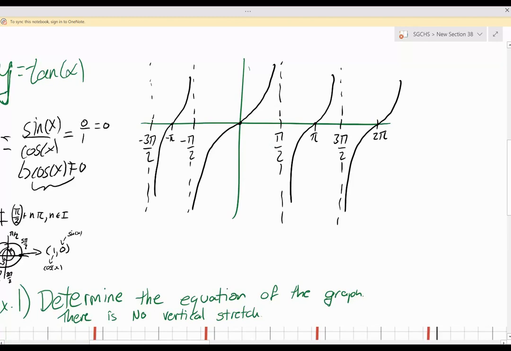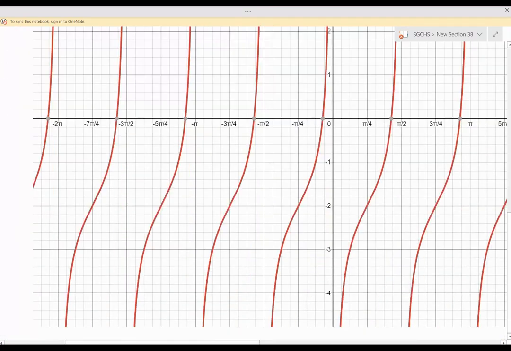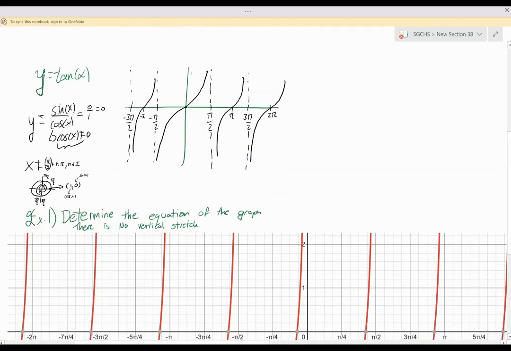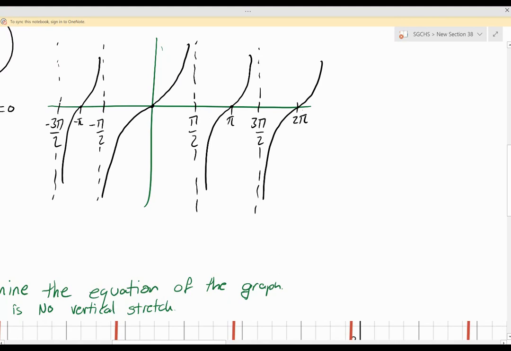Now, why am I mentioning all this? Well, because if we have a new function such as this, we can think about it as if we got this function by applying transformations to our y equals tan x. So if we look here, these are known as inflection points.